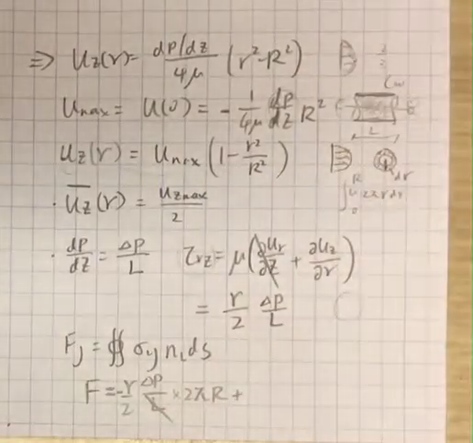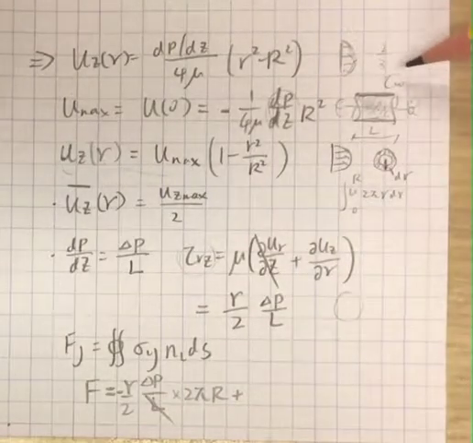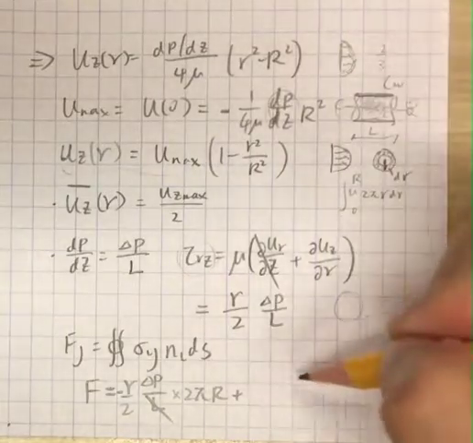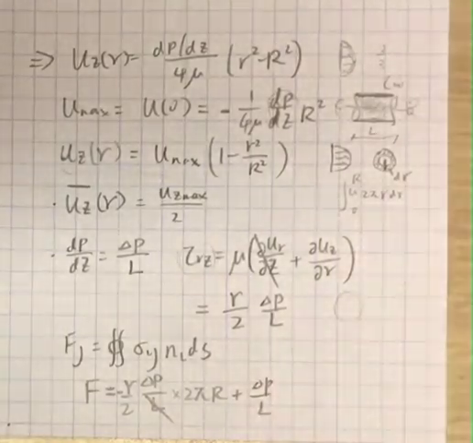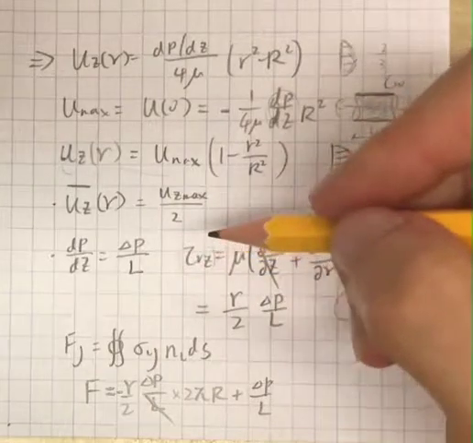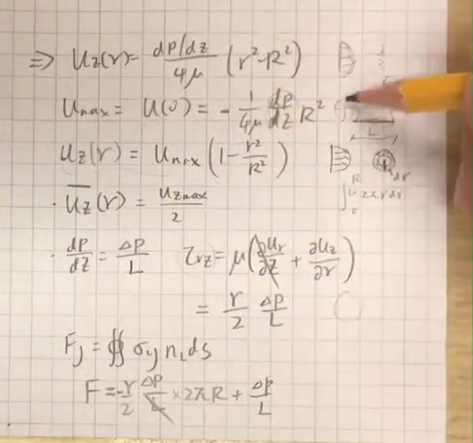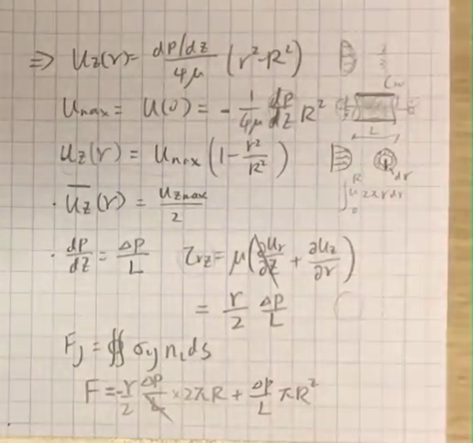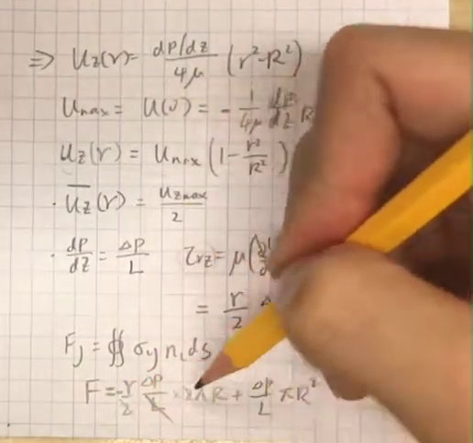And then we have the contribution of the pressure, which is delta P over L times the area, right? The area, pi r squared. So what will this thing give us?